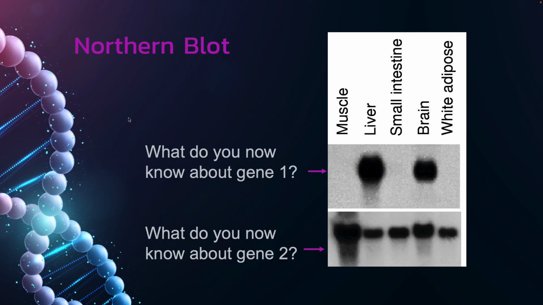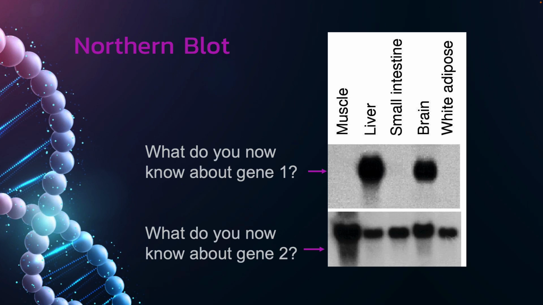And what does that tell us? So let's say we have cDNA libraries from a species, whatever, say it's a mouse, from all of these different tissues. We have a cDNA library from mouse muscle, from mouse liver, mouse small intestine, mouse brain, mouse fat tissue.